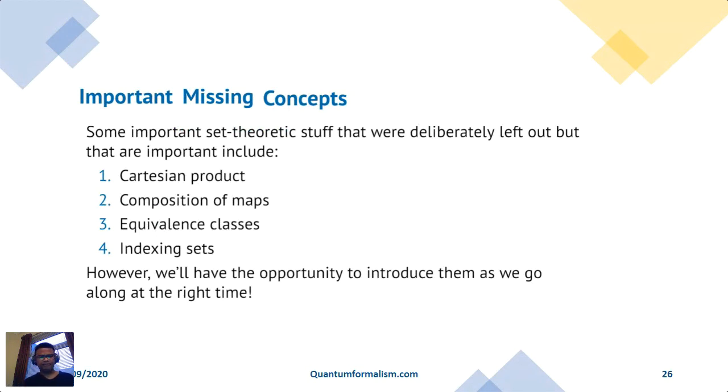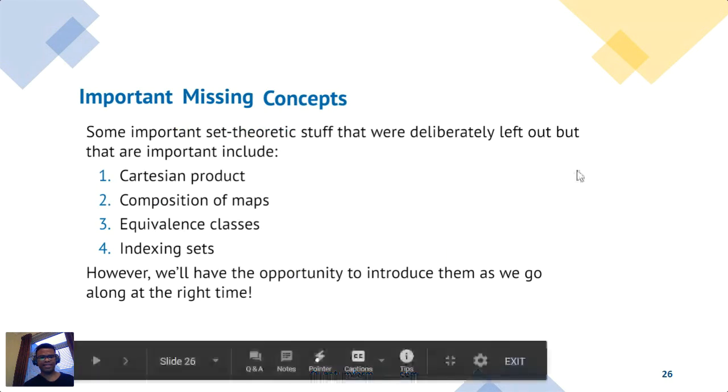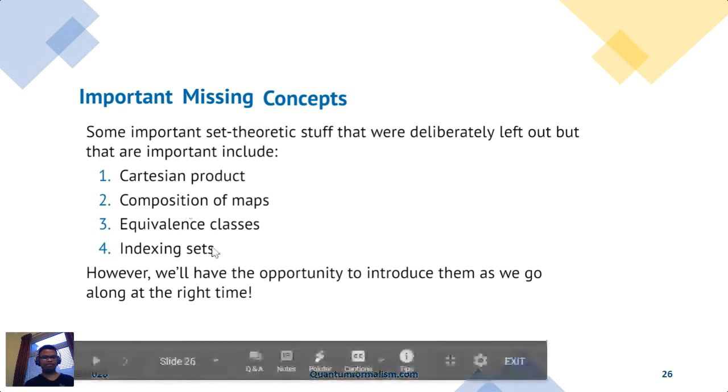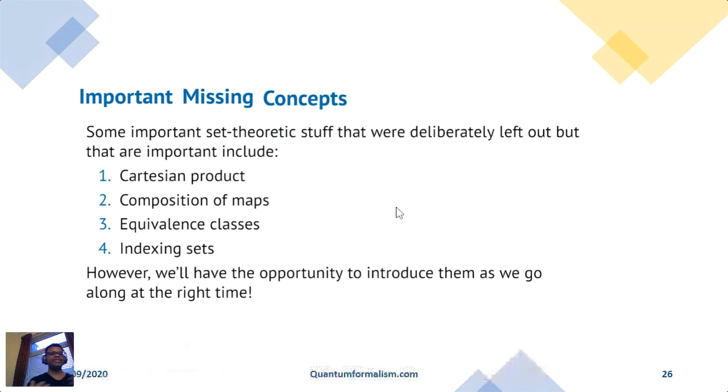In terms of set theory, there are a lot of things that we didn't cover, like Cartesian product, composition of maps, equivalence relations and equivalence classes, and so on. But the material that I will share with you will have all these things. If you have time, you can get into them, but if you don't, don't worry. These are things that we will come to as we need them in future lectures. But it will be good if you have time to get your head wrapped around them.